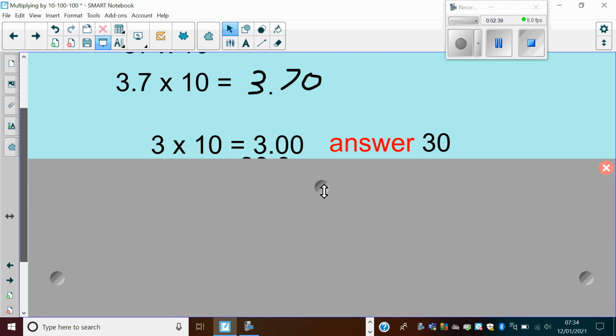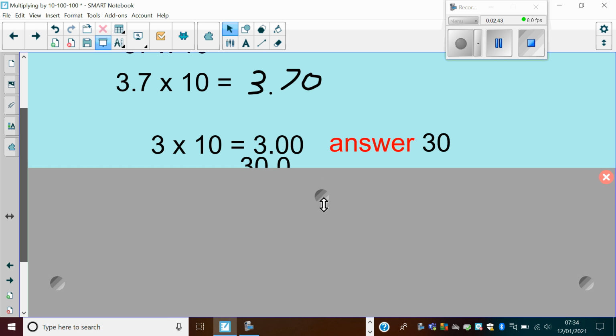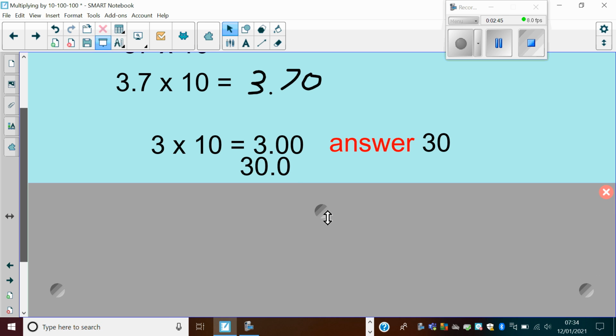So we know that 3 times 10 is 30. But if we have a look here, what I've done is I've put the decimal point directly below the decimal point. I've actually put in 3.00 here because 3 is the same as 3 whole numbers and no parts of a number.